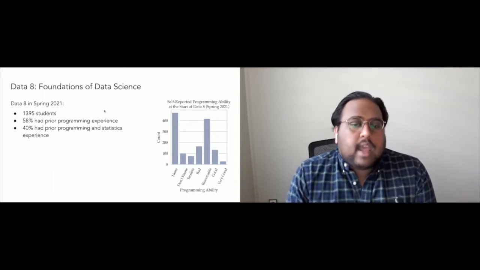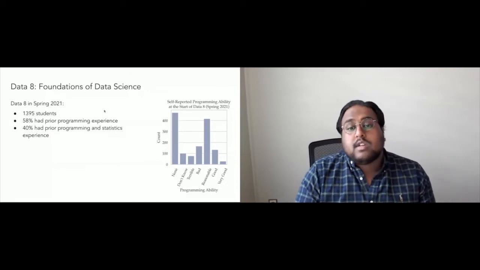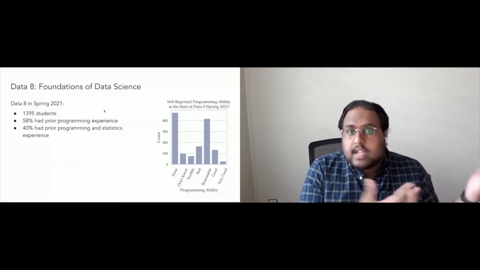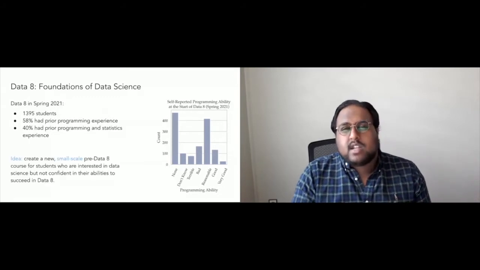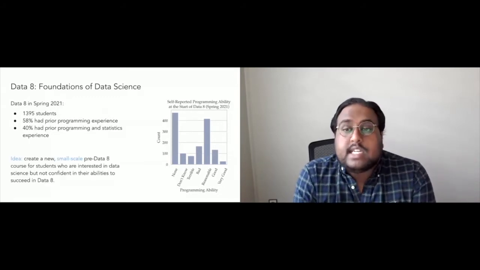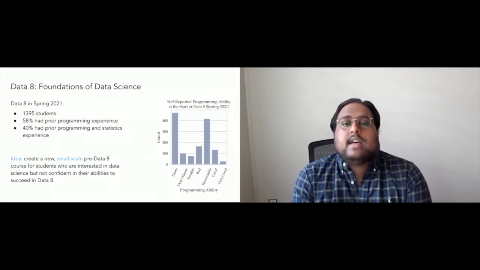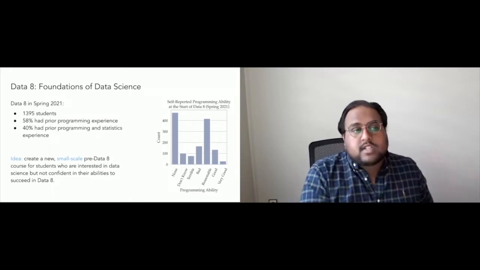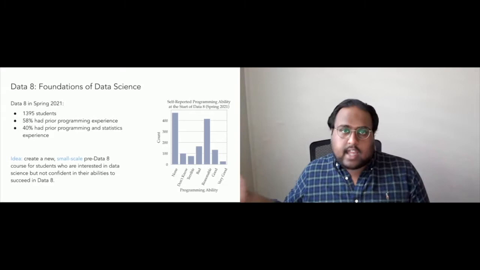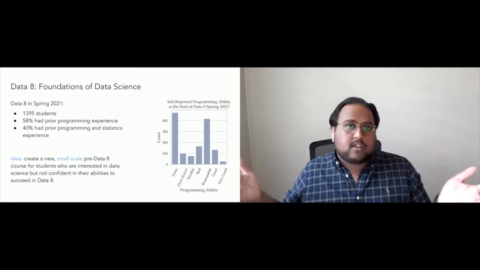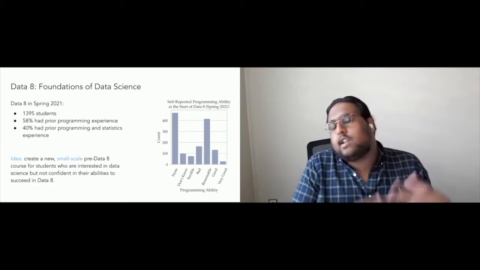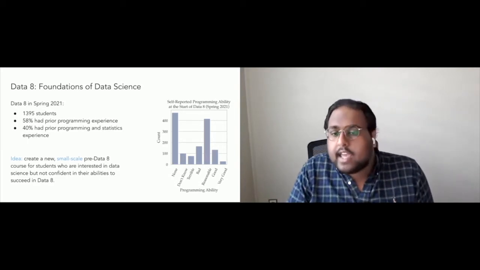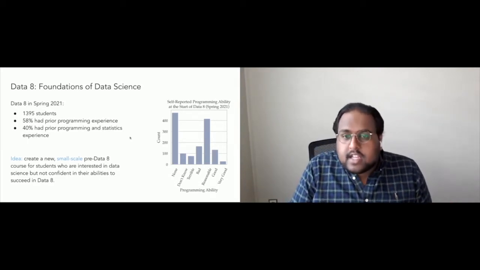So an idea that we had was to create a new small-scale pre-Data 8 course for students who are interested in data science but not confident in their abilities to succeed in Data 8. The idea is that students would take this course first and then later on take Data 8. Hopefully we do something in this course to make students feel compelled to take Data 8 and also feel that they'll succeed in Data 8. And so that's a good idea.